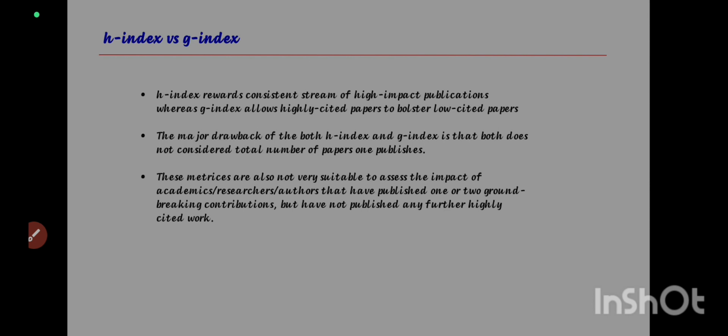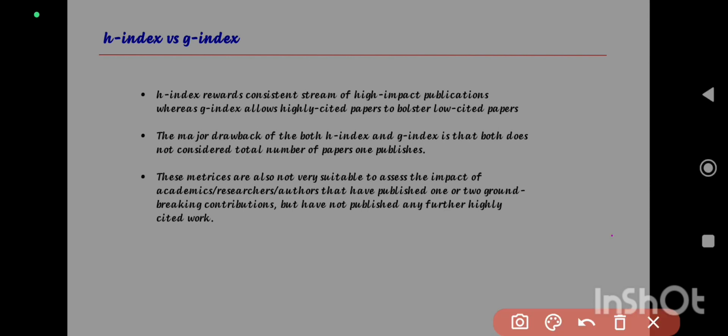It is how many papers have an equal number of citations. That is H index, a consistent stream of high impact publications, whereas G index is about highly cited papers, the top papers having the maximum citations.